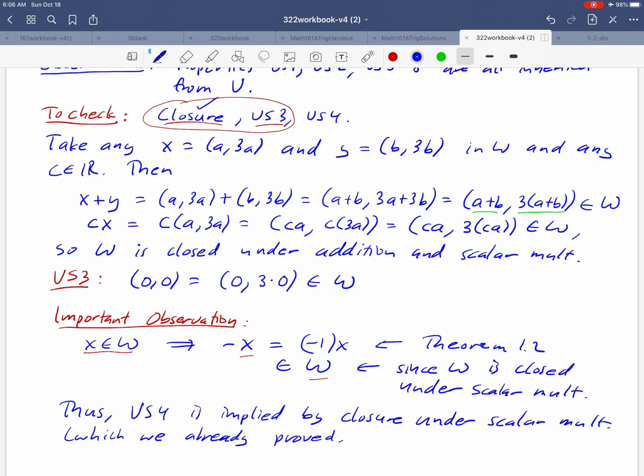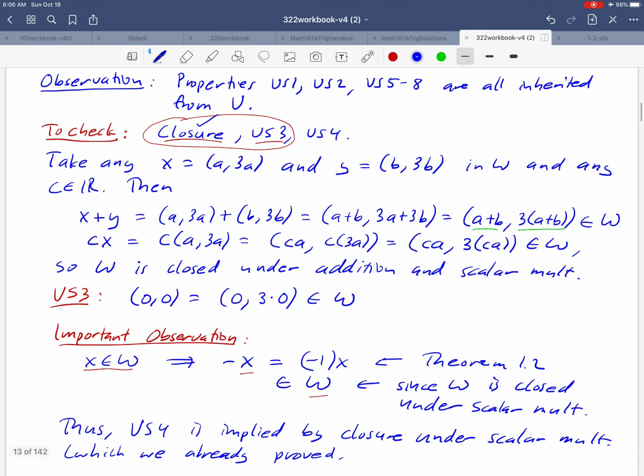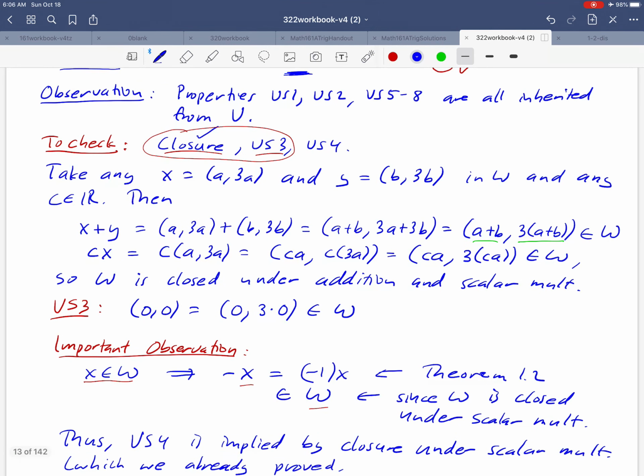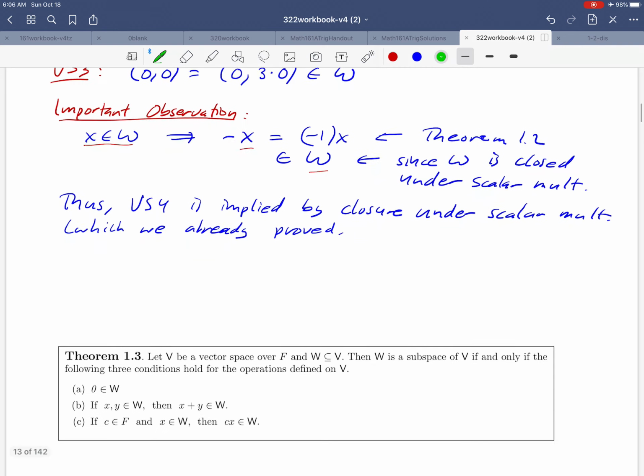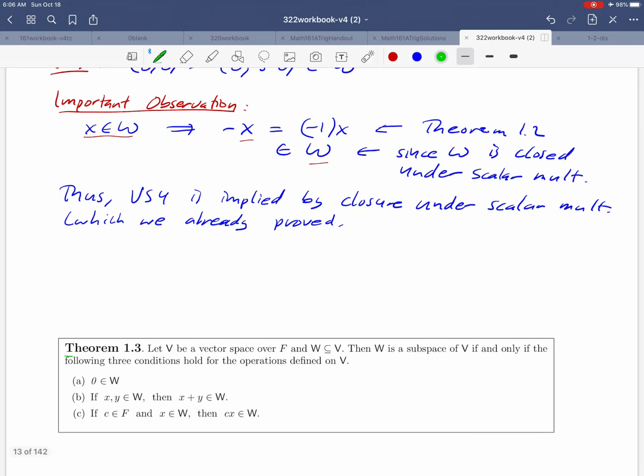So what that tells us then is that to show that something is a subspace, we really only need to do these two things, which I'm circling in green. We need to prove closure and the fact that the zero vector is in our vector space. And so what that brings us to is Theorem 1.3, one of the most important tools that we'll be using in our course.